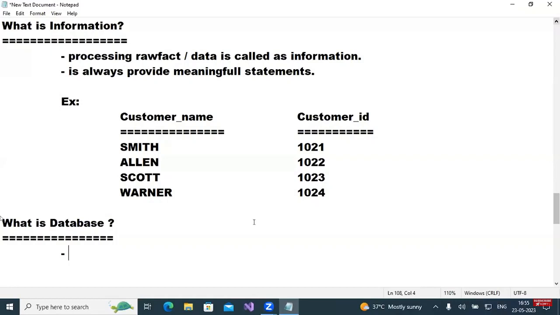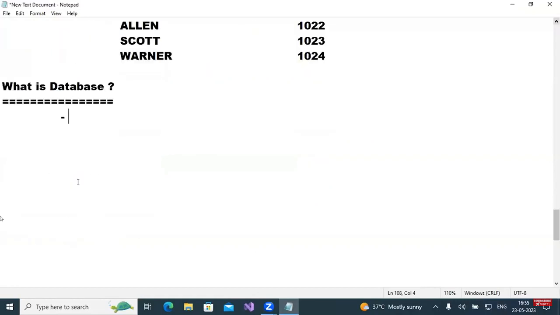For a simple example, suppose there is one organization here. Observe carefully: SBI is one organization, or it is a bank.